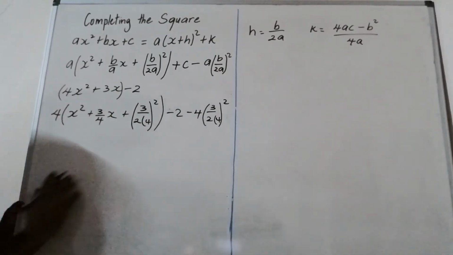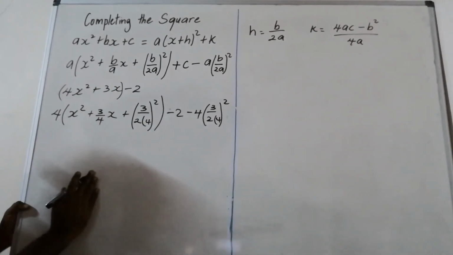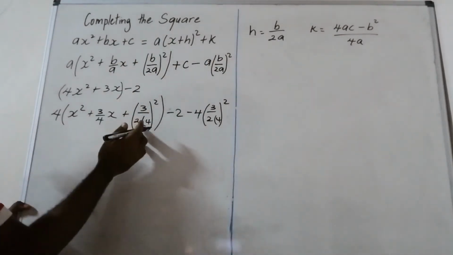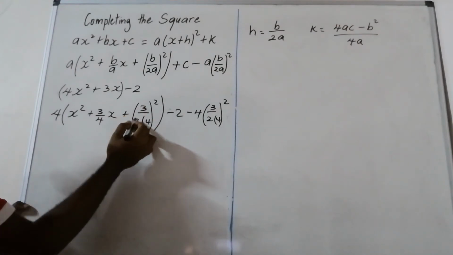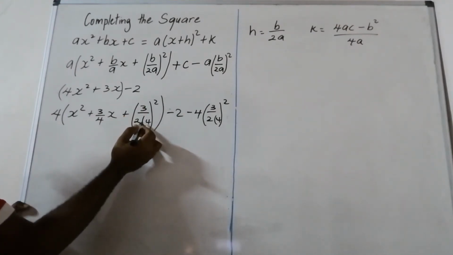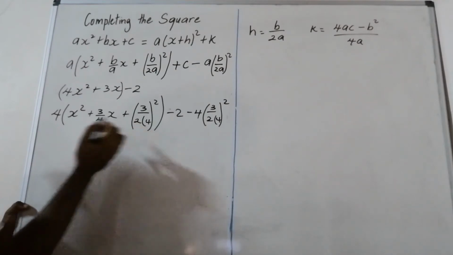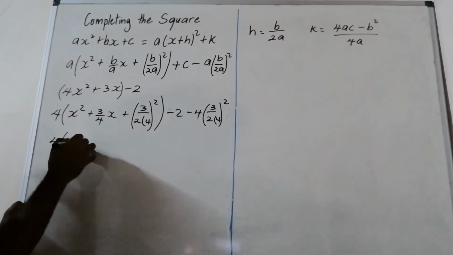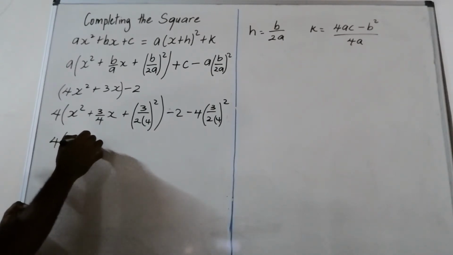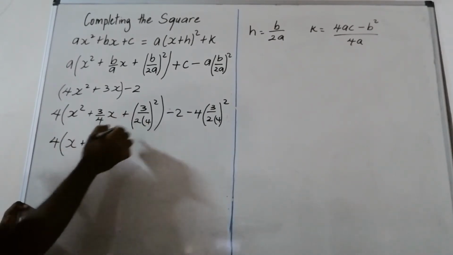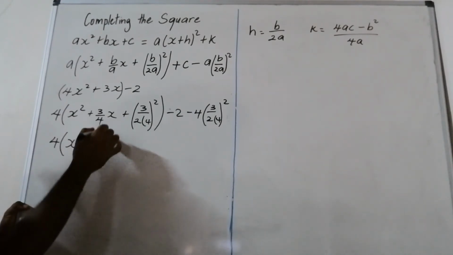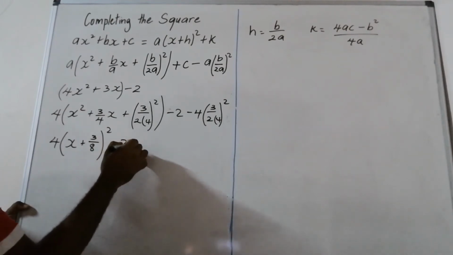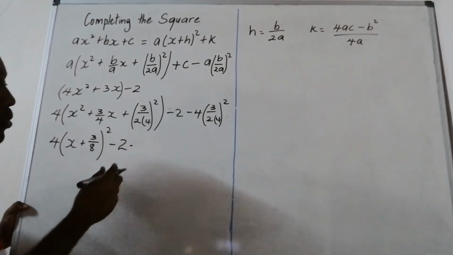Remember that once we have it in this format, the h value is what's in here: 3 over 2 times 4. So 4 times x plus 3 over 2 fours, which gives us 8, squared, minus 2, minus, let's work this out.